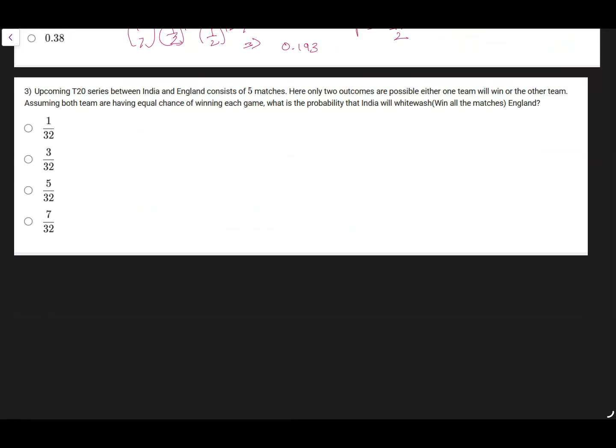Next, we have another problem. The upcoming T20 series between India and England consists of 5 matches. The only two outcomes are possible: either one team will win or the other team. Assuming both teams have equal chances of winning each game, what is the probability that India will win all matches against England? Again, you're seeing there are two outcomes.